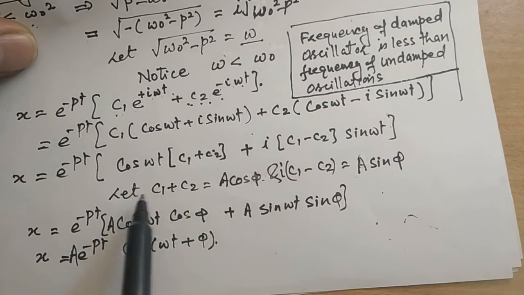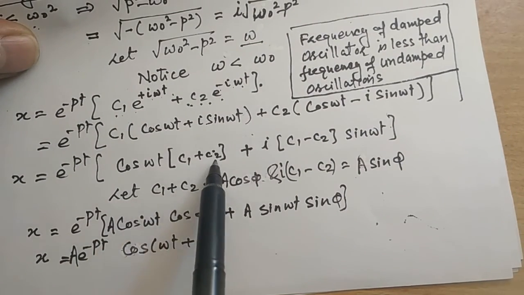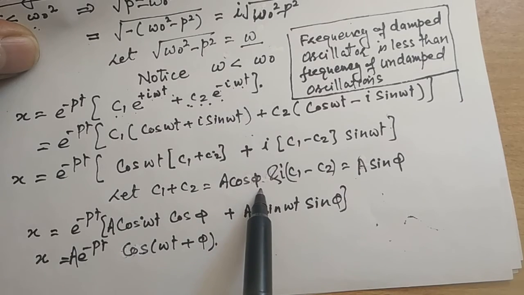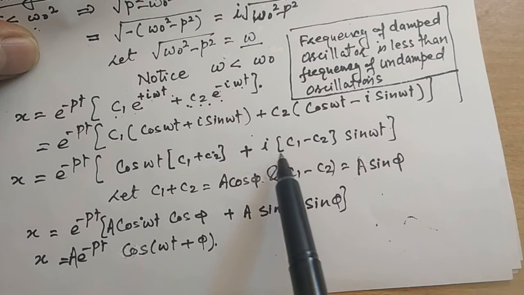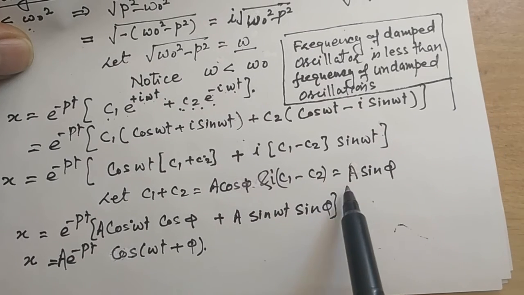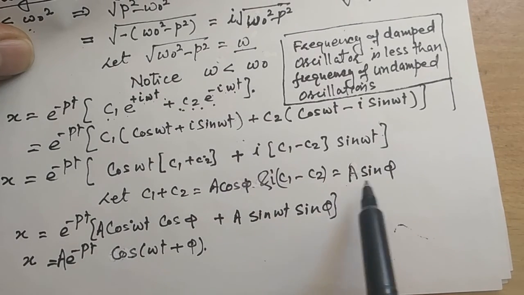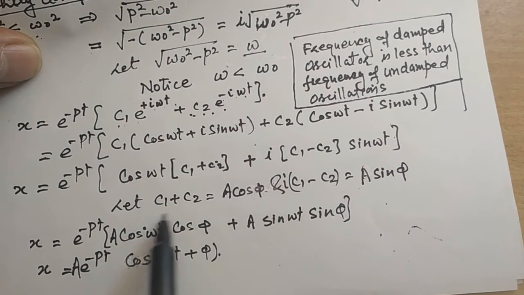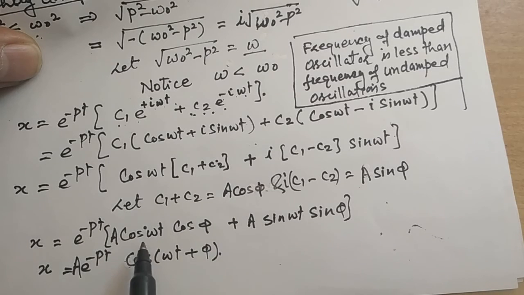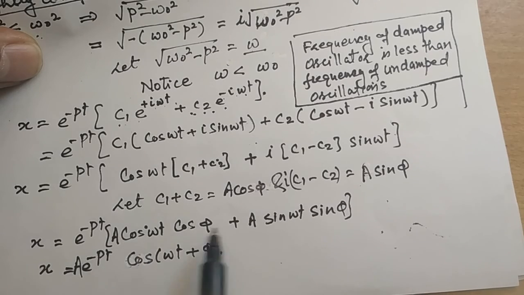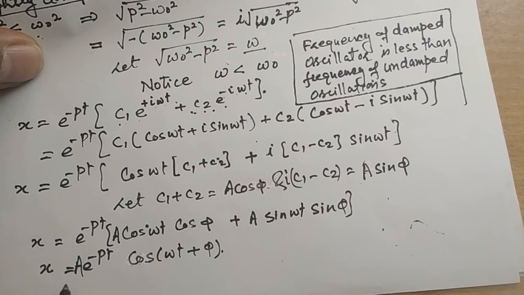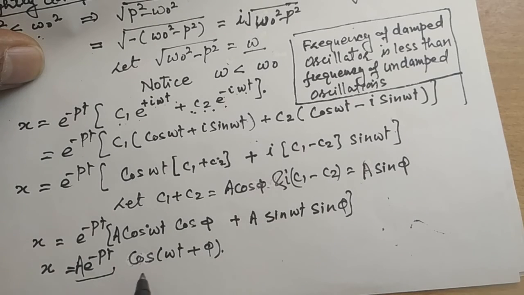Let us put C1 plus C2 equal to A cos phi, and iota times C1 minus C2 equal to A sin phi. When you put all these values in this equation, you will find it is nothing but cos(omega t plus phi), and this factor A is the amplitude and this is the phase.